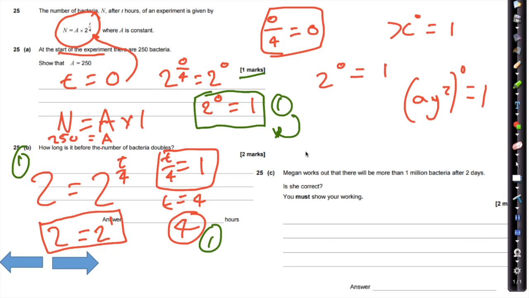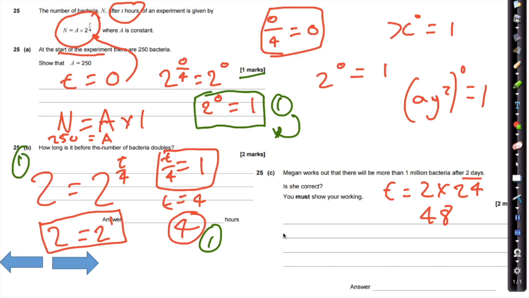Final part of the paper is Megan's question about working out that there are more than 1 million bacteria after 2 days. Is she correct? Well, t is in hours, so after 2 days that would be 2 times 24, so 48 hours.